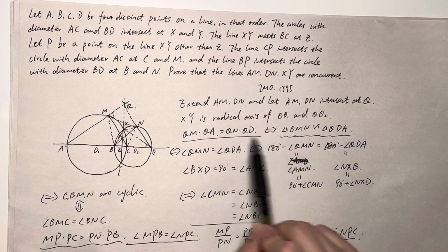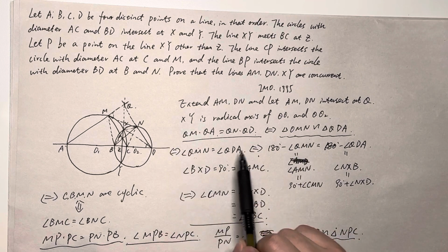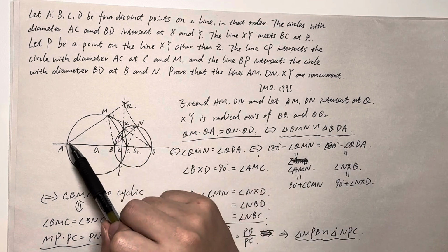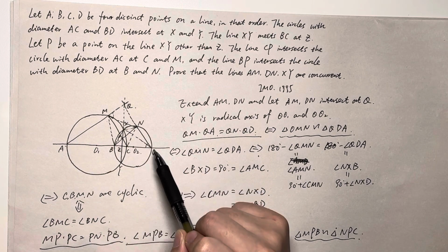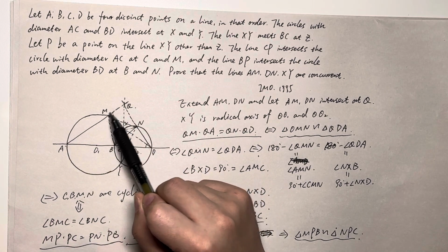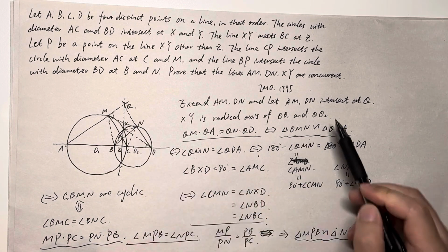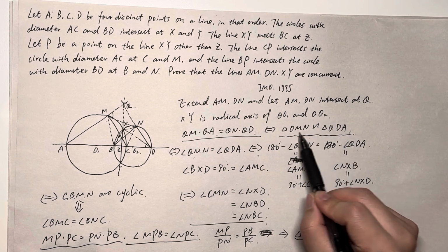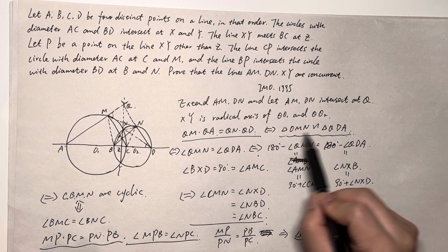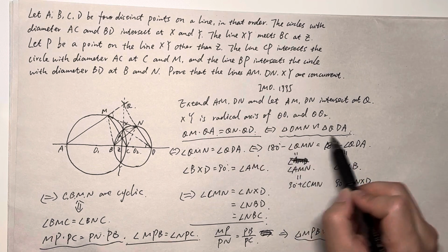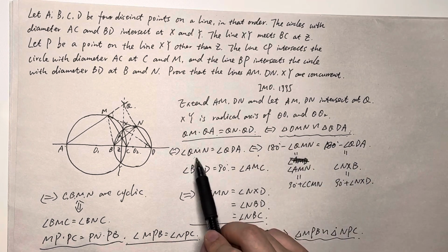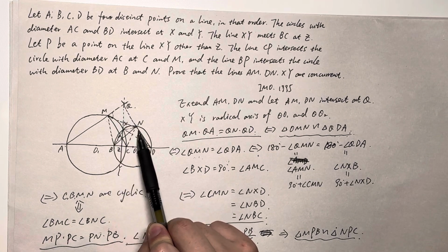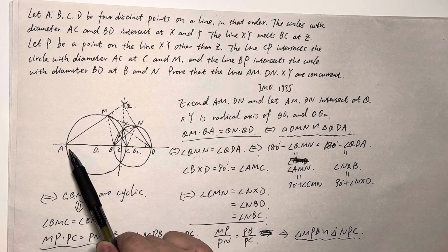That's one transfer. And then we already know that angle AQD equals angle MQN. So we basically transfer this two-triangle similarity problem to an angle equation that we want to prove: angle QMN equals angle QDA, right?